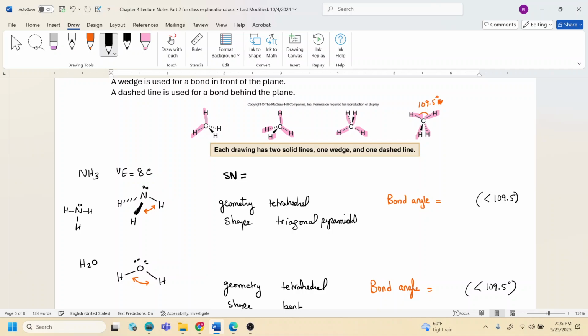So the steric number here is equal to the number of atoms connected to the central. So this is the central. The number of atoms are 1, 2, and 3. So that is going to be 3. Plus the lone pair, I do have here one lone pair. So that is going to be plus 1. So the steric number here is going to be 4. And the lone pair is going to be 1. So steric number 4, lone pair 1.